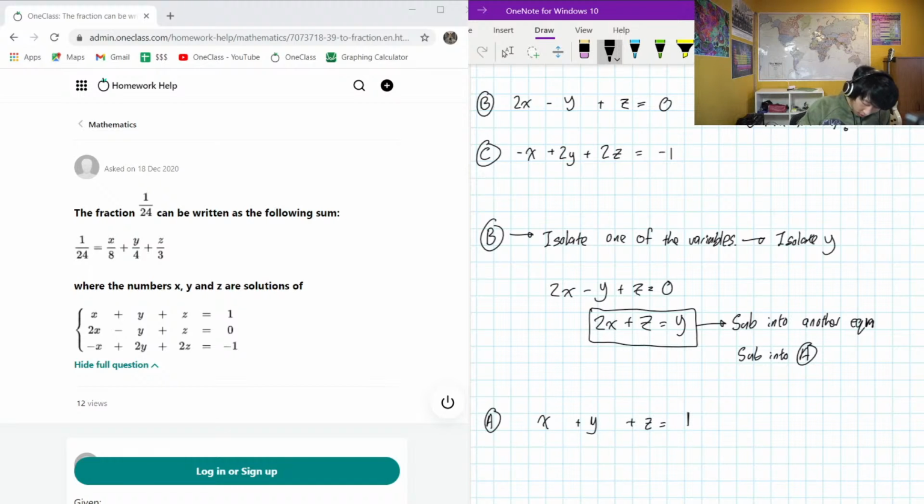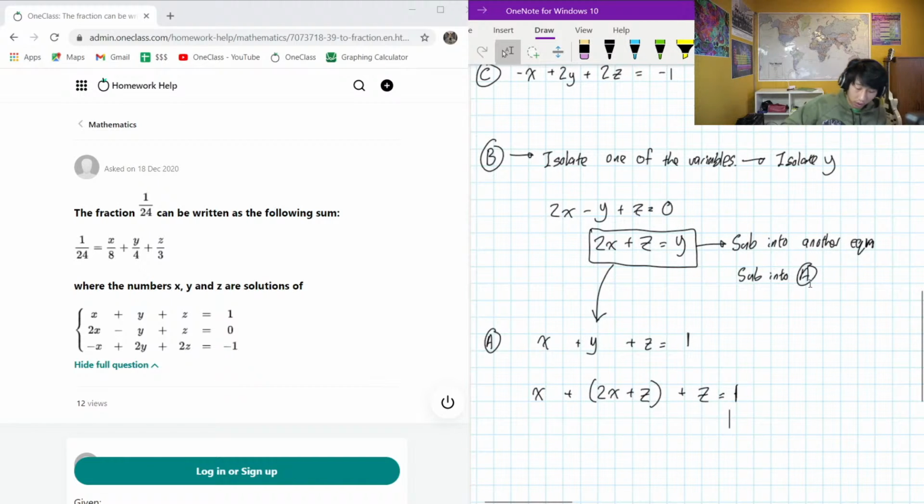So this y we're going to replace with this. So it's going to be x plus, instead of y, we know that 2x plus z is equal to y, and that is plus z itself is equal to positive 1. Okay, so that's all cool. So let's simplify. So we have 3x plus 2z is equal to 1.